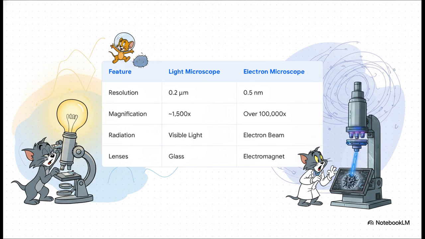A light microscope tops out at around 1,500 times magnification. An electron microscope can go over 100,000 times. And the resolution is a quantum leap, from 200 nanometers all the way down to less than 1 nanometer. This is all possible because electrons have a much, much shorter wavelength than visible light. Instead of using glass lenses to focus light, it uses powerful electromagnets to focus the electron beam, creating images with unparalleled detail.